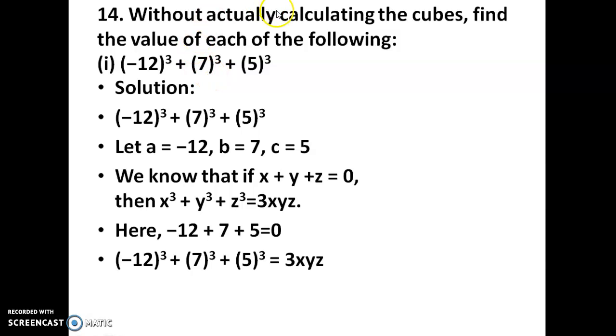In the question itself they have said without actually calculating the cubes, so we should not find the cube of 5, 7 or 12. Instead we should use another method. So in order to find the sum of these cubes, we can use 3 into xyz, so 3 into minus 12 into 7 into 5.